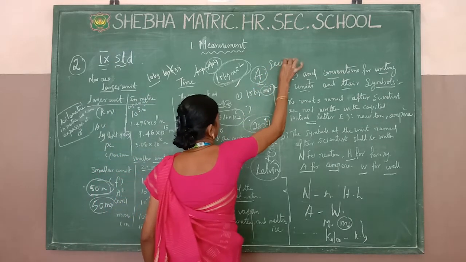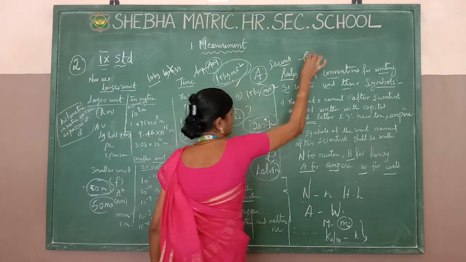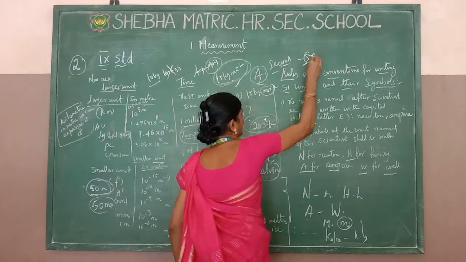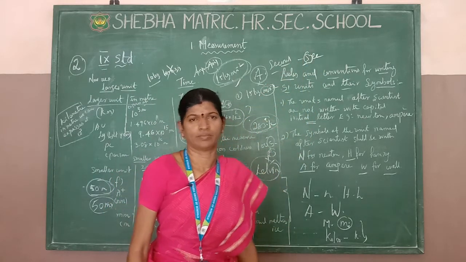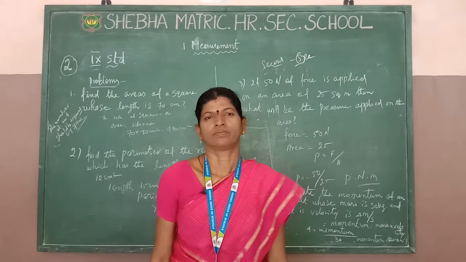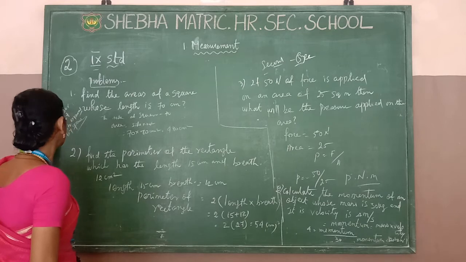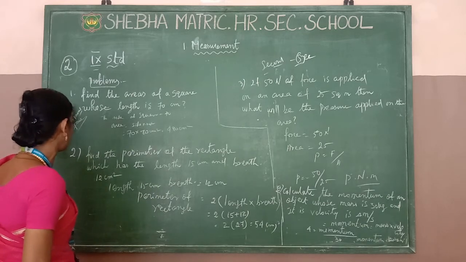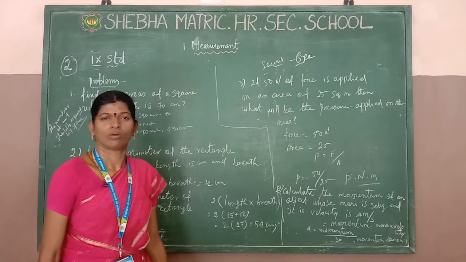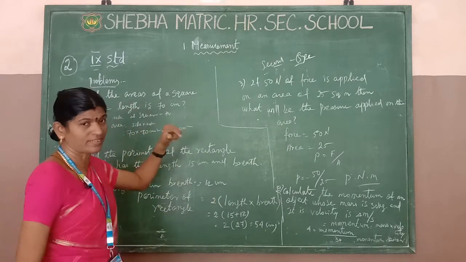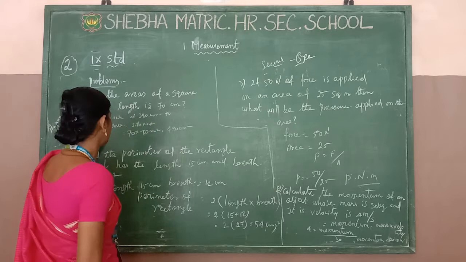For seconds, just write s, the symbol only, not sec. So the number and unit are expressed with a space, and you write meter second squares.